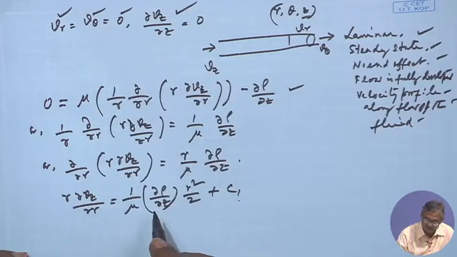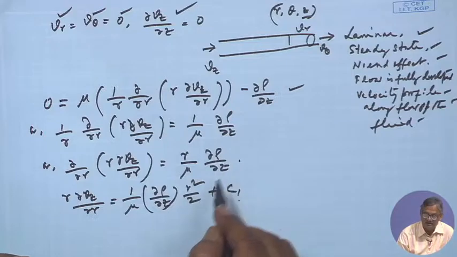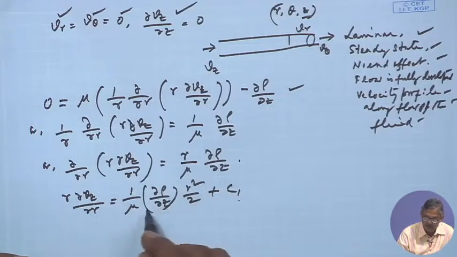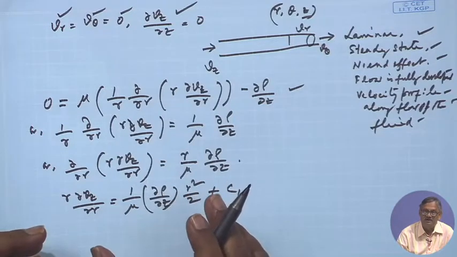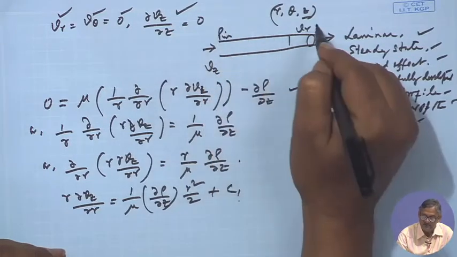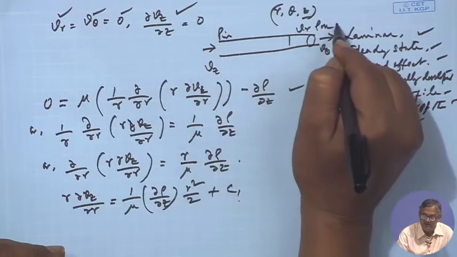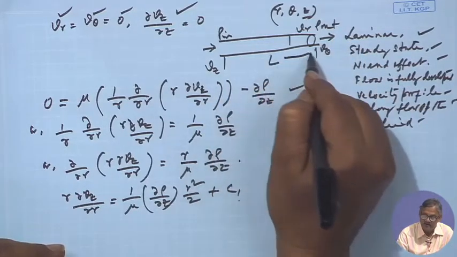Why have we not taken del p del z into the integral part? Because del p and del z can be said to be given. Del p means p in minus p out, and del z is nothing but the length.